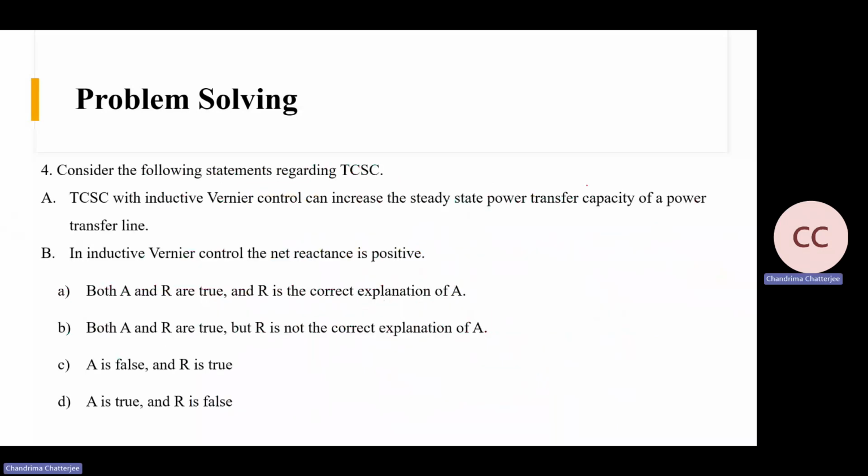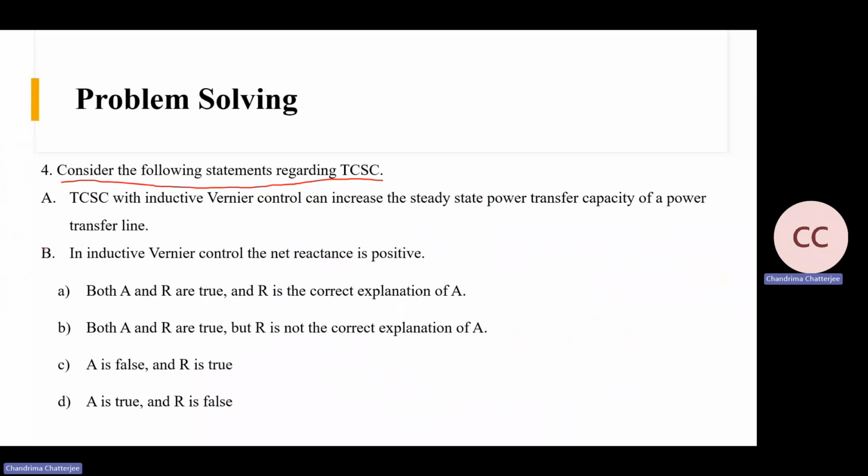Okay, the next question. Consider the following statements regarding TCSC. TCSC with inductive Vernier control can increase the steady-state power transfer capacity of a power transfer line. In inductive Vernier control, the net reactance is positive.